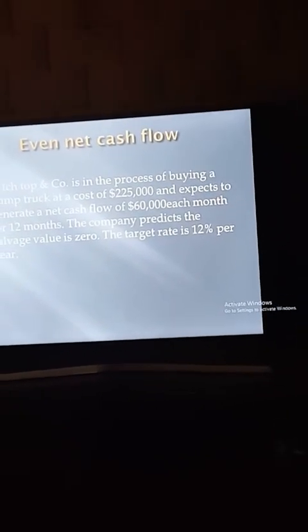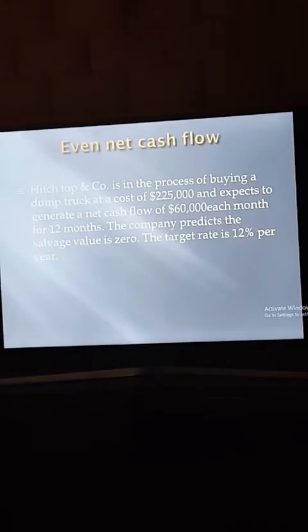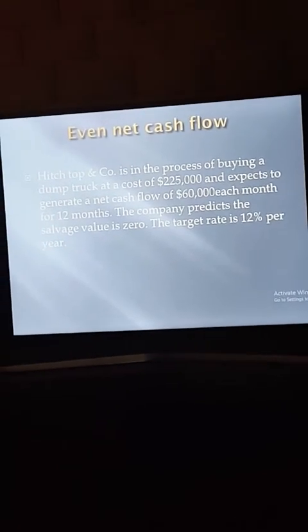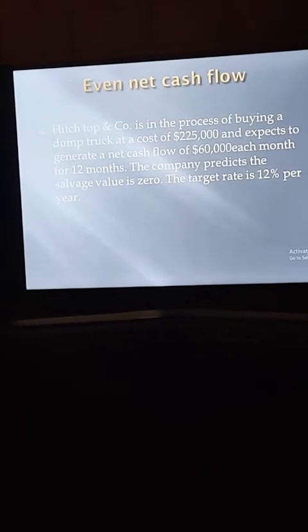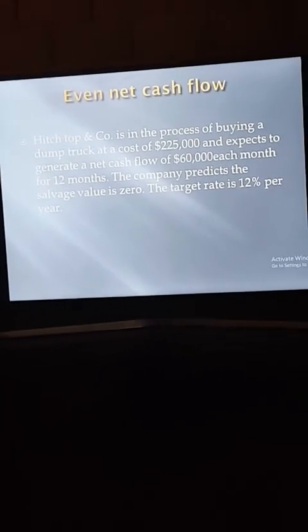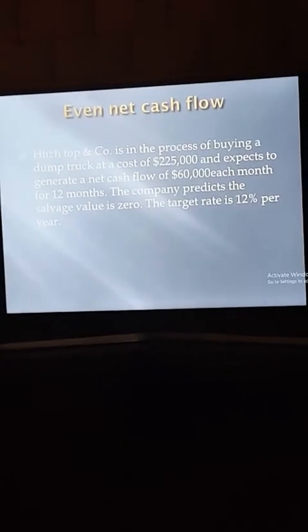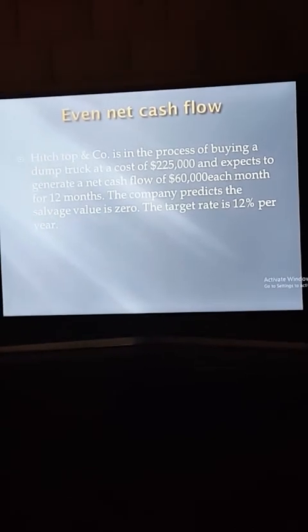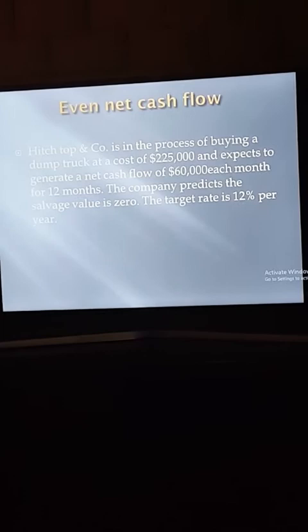They do not expect the dump truck to have any salvage value, which means they can't sell it off. They expect it to break down, or whatever the prediction is, and not make it into the coming year. The target rate is 12%.